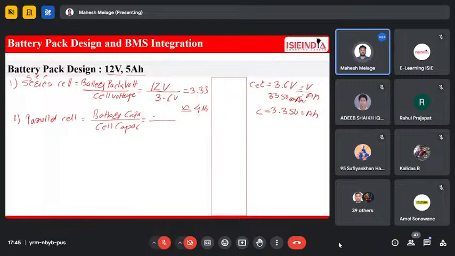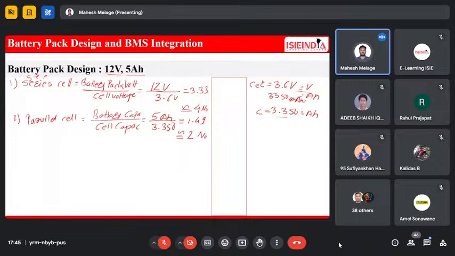Battery capacity is 5 Ah, and cell capacity is 3.350. What is the value? 5 divided by 3.350 goes to 1.49. So rounding up this value, we go to 2 number of cells.